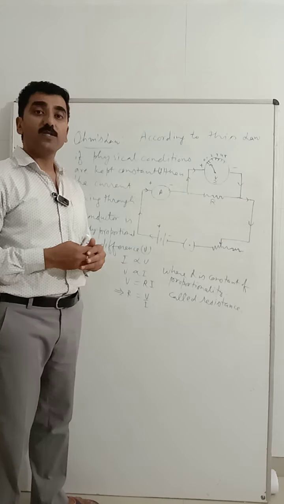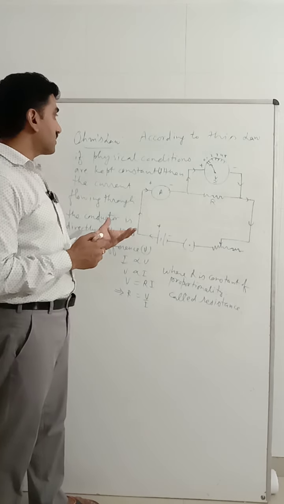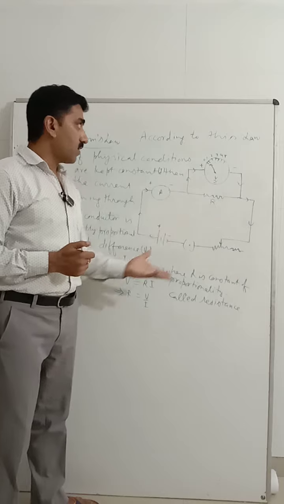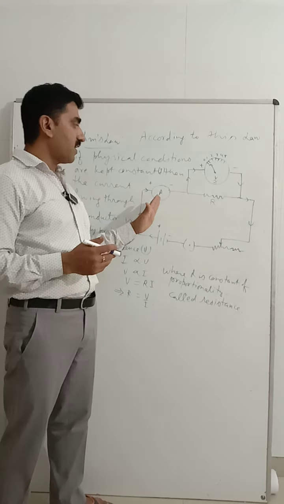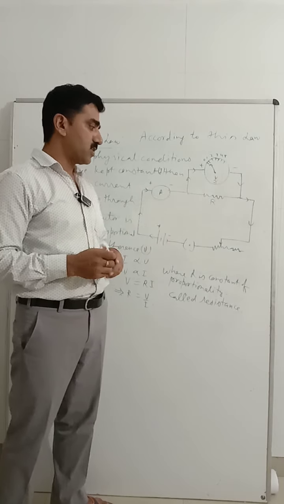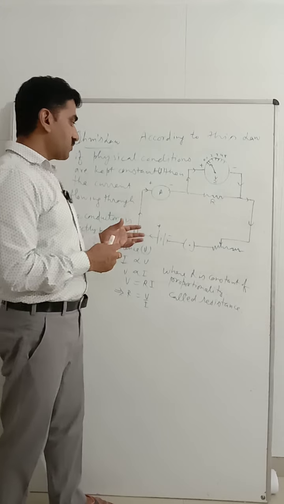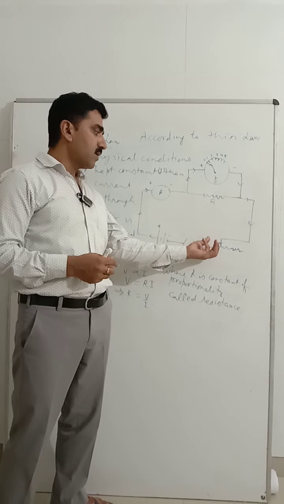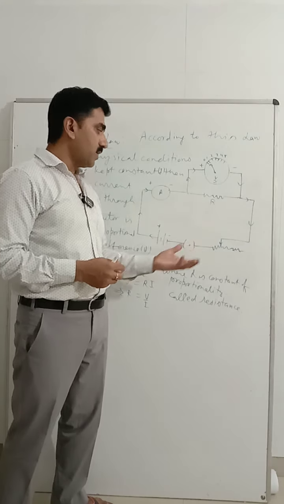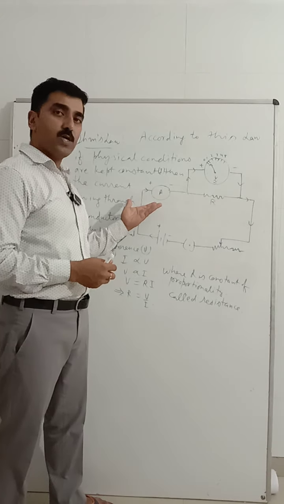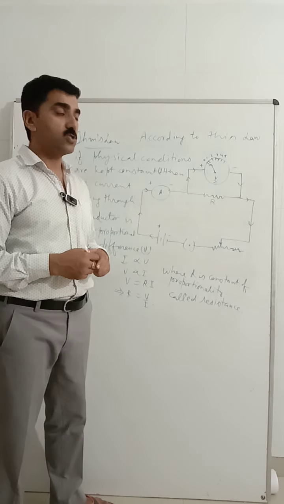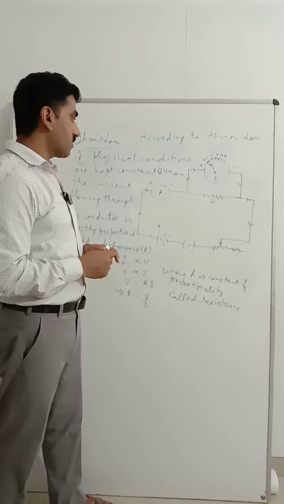It is one of the very important concepts, resistance, which I'll discuss after this. Ohm's law is basically the relationship between current and potential difference. When we do this experiment, we vary the rheostat, the current changes, and the voltage changes.